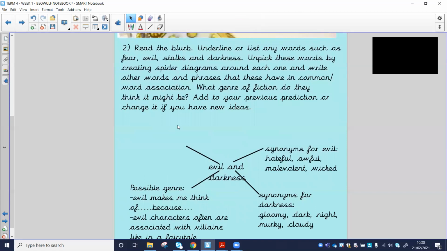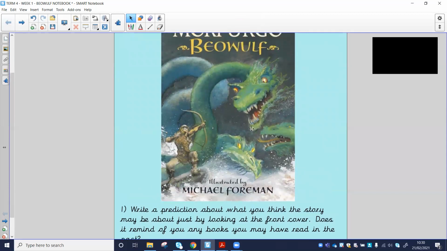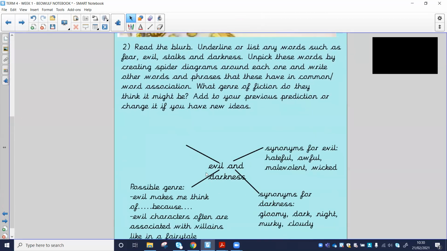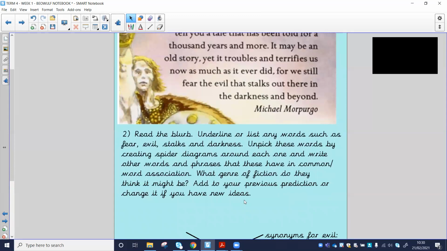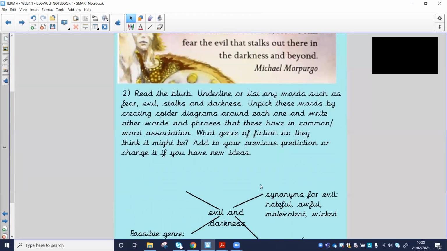So you should, by the end of this lesson today, end up with a 3-sentence paragraph based on the front cover, a spider diagram, or maybe 2, unpicking some of the words from this blurb, and then you're either going to go back and add to that first prediction, or maybe even write a brand new prediction after you have unpicked your blurb.